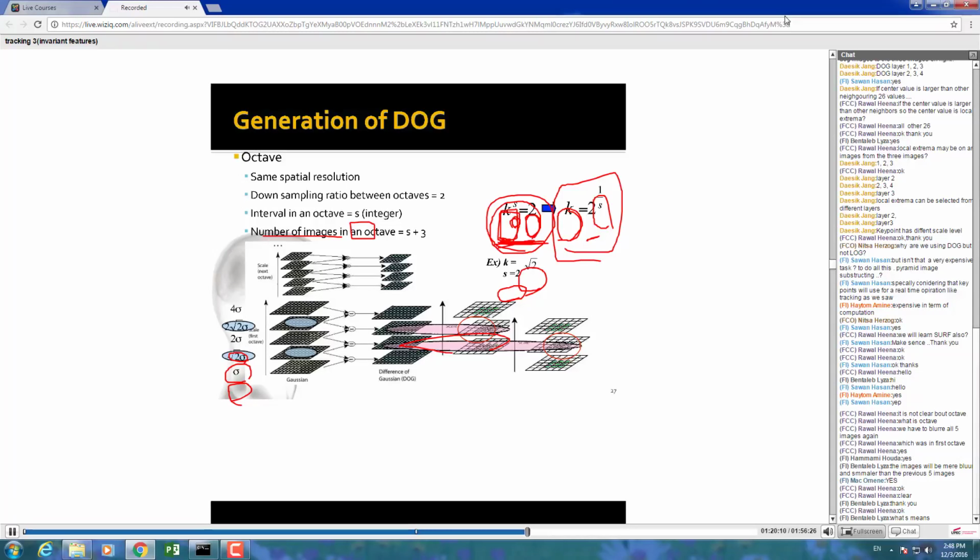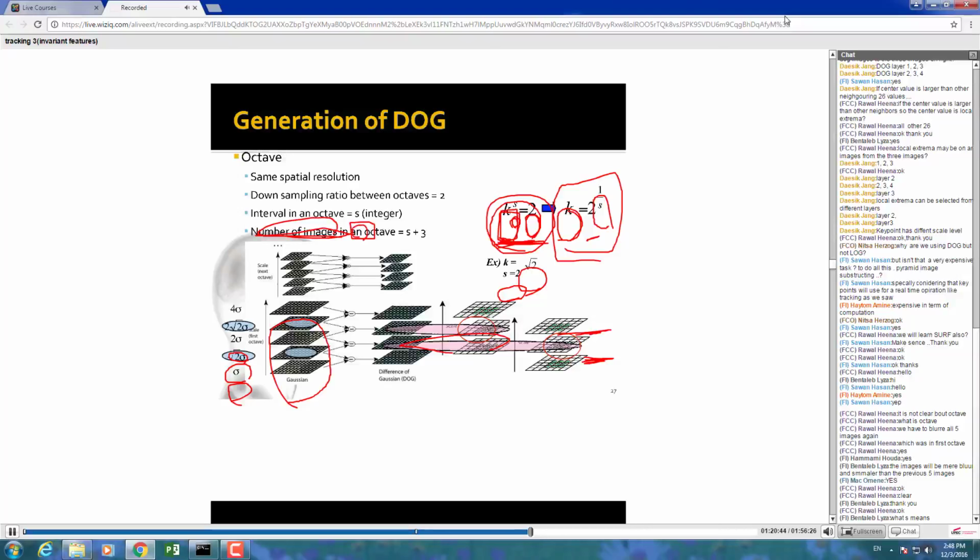Here, the interval in an octave, S, represents the number of different local extrema layers. So in this example, we start with 5 Gaussian layers, and finally we have 2 layers of local extrema.